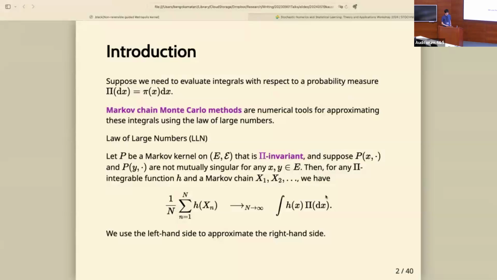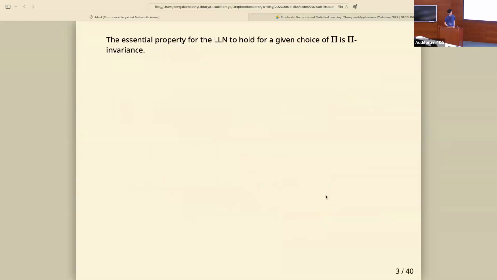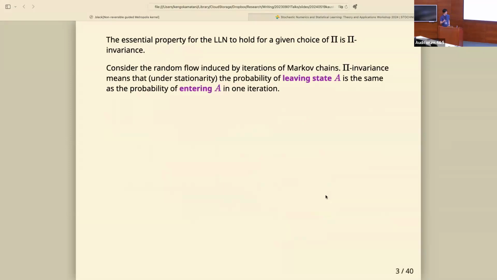So what is π-invariance? The essential property for the law of large numbers to hold is π-invariance. This is not a mathematical definition, but anyway: a Markov chain determines a random flow in the state space, and π-invariance means as follows.